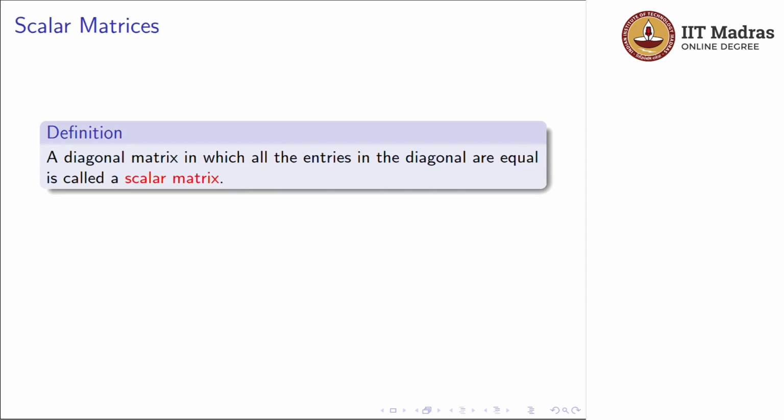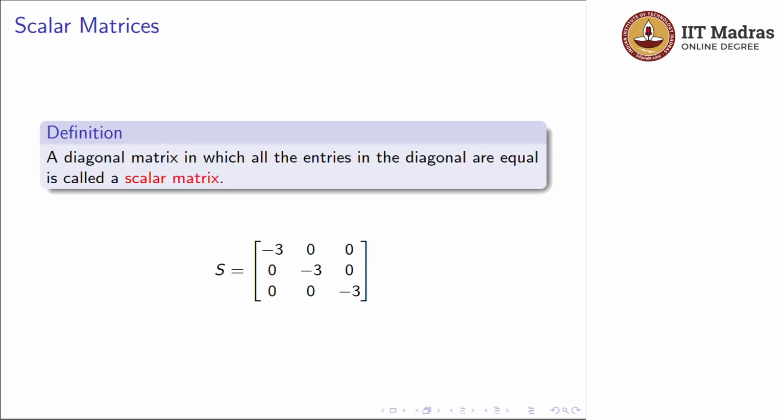An even more special case of this is what is called a scalar matrix. It is a diagonal matrix in which all the entries in the diagonal have the same value, the same number. Here's an example. Every entry on the diagonal here is -3. The first entry is -3, the second one is -3, and the third entry is -3.